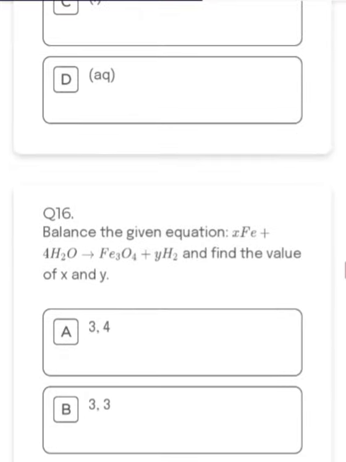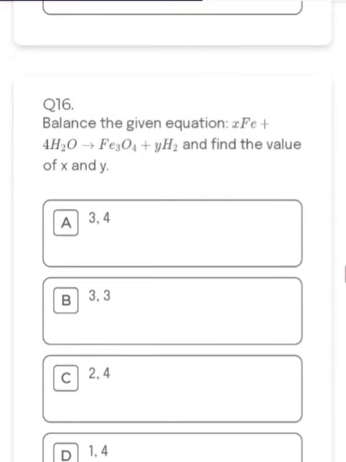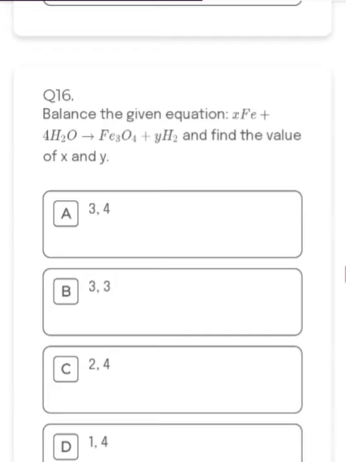Next question. Balance the given equation XFe plus 4H2O gives Fe3O4 plus YH2 and find the value of X and Y. So in this reaction we have to find the value of X and Y. So after calculations we find that the value of X is 3 and the value of Y is 4.